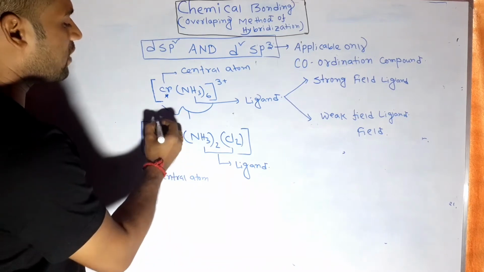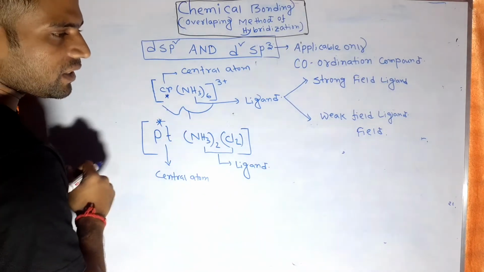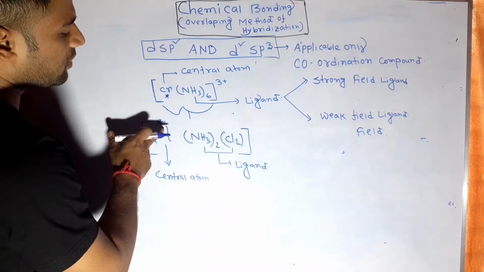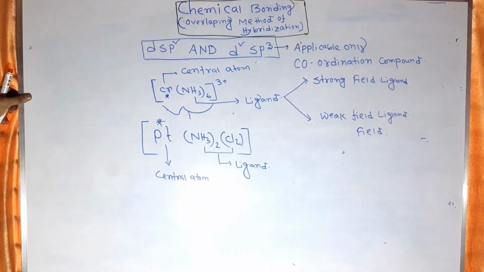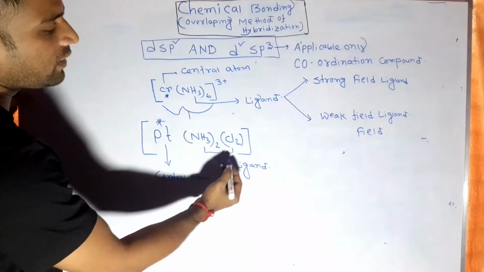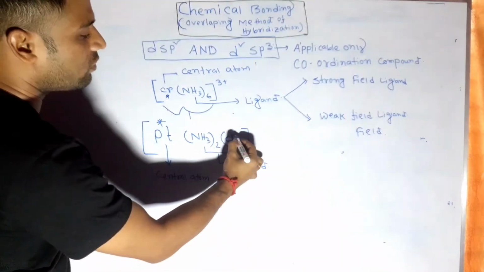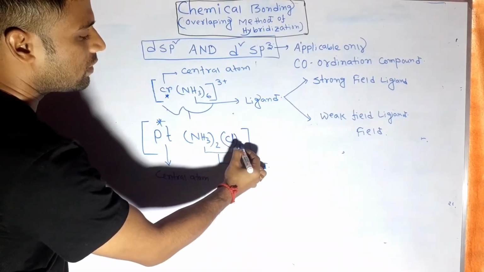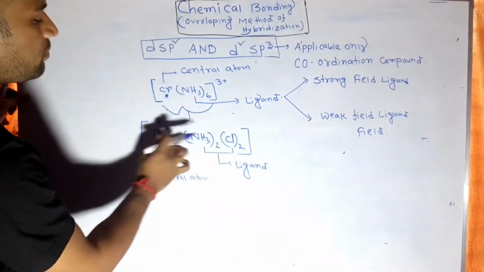So the hybridization of the central atom must be a special type of hybridization, that means either dsp2 or d2sp3. Then you follow the total number of ligands. The formula is platinum NH3 whole 2 Cl2.